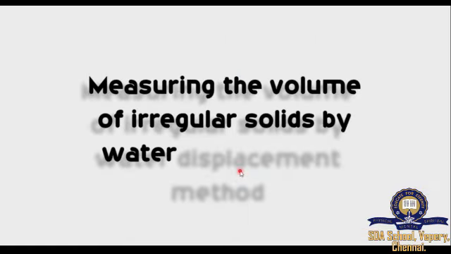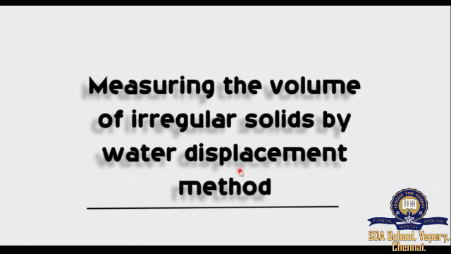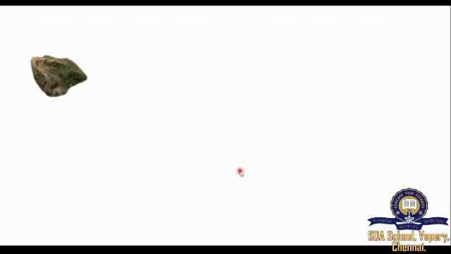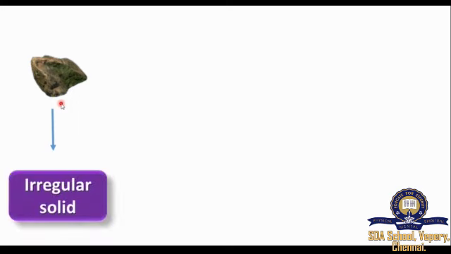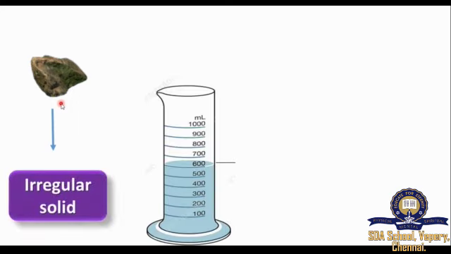We will learn how to measure the volume of irregular solids by the water displacement method. What is this? Yes, this is a stone. This is one of the irregular solids, and I'm going to use a measuring cup with graduations to know the volume of this irregular solid.